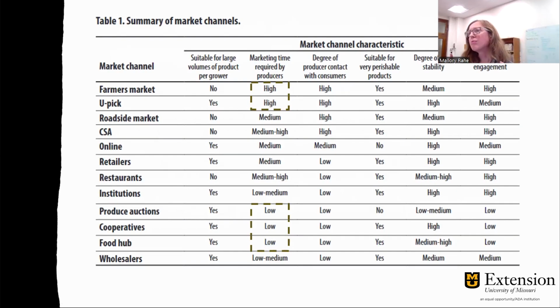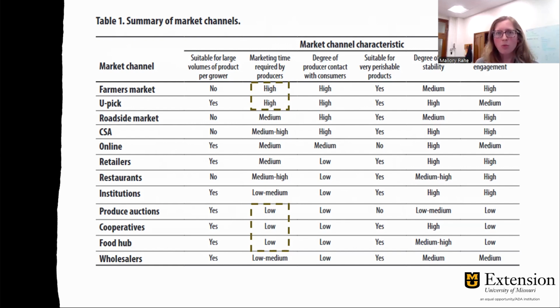If you want to revisit these market channel characteristics, there's a guide sheet that tries to walk you through each of these things, and it makes some high level assumptions. I will say, this is big broad strokes.